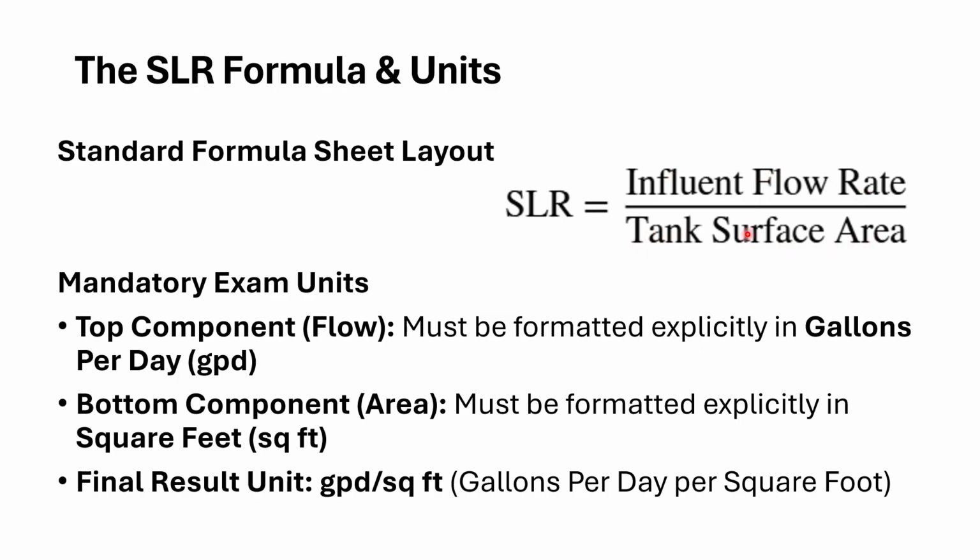And the tank surface area, you will be given the dimensions of that clarifier in units of a diameter in feet. And your area, if you do 0.785 times D squared, is going to be square feet. Okay, so gallons per day per square foot. That's what you should end up with.